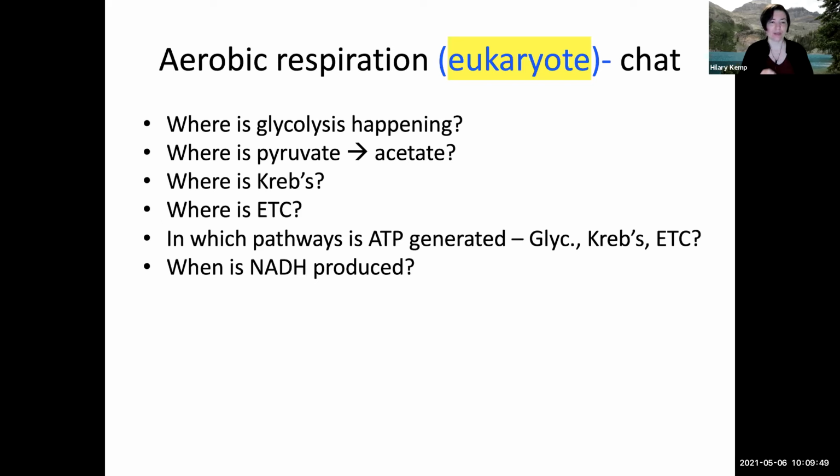So when you do that, you remove those electrons and you put them onto NAD+, remember our empty electron taxi cab, and that produces NADH. NADH is just what we call the NAD+ when it's full of electrons. When is NADH produced? In which of these pathways?